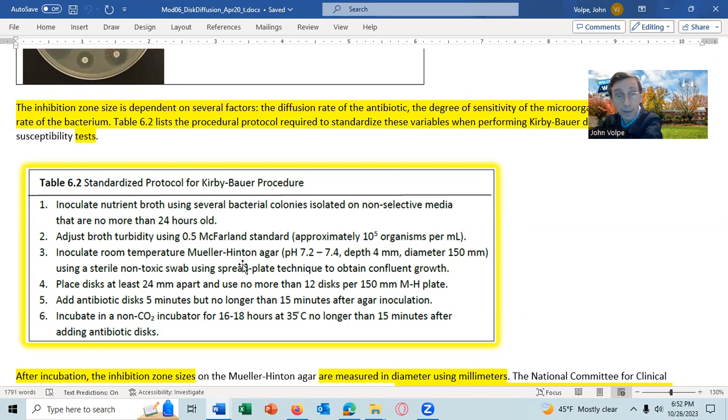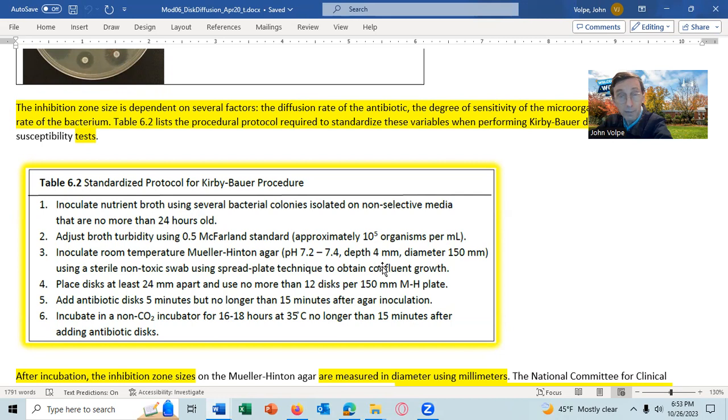We also have the pH of the Mueller-Hinton plates between pH 7.2 and 7.4, so the pH doesn't affect the zone of inhibition. And you have the agar at 4 millimeters thick, because the thicker the agar, the slower and the less the antibiotic will diffuse. The thinner the agar, the further it will diffuse. So the thickness of the agar will determine the size of the zone of inhibition.